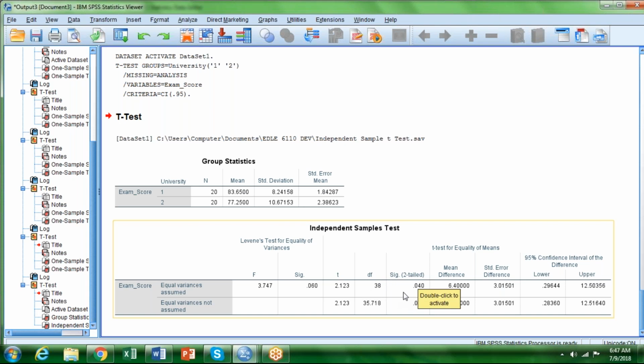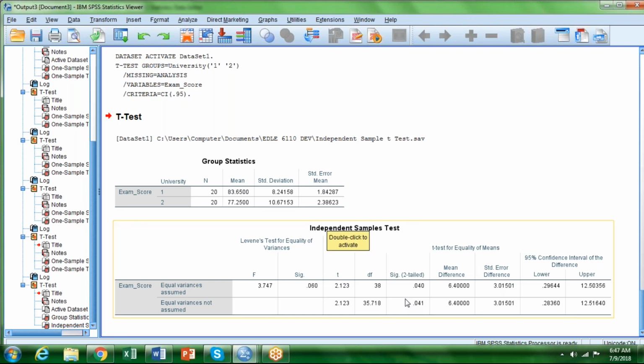So it's 0.04, and since it's less than our previously selected criteria of 0.05, which allows us to consider the difference and significance of the two scores, I would say that in this case, University A was significantly different than University B, although even though we're looking at the means, the significance is still very small.